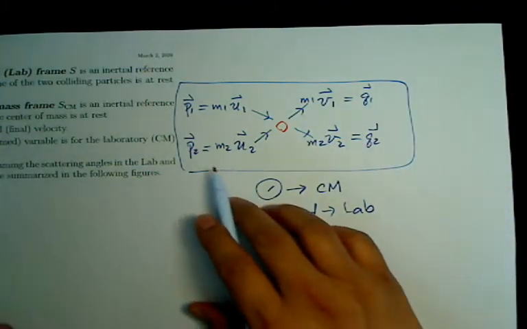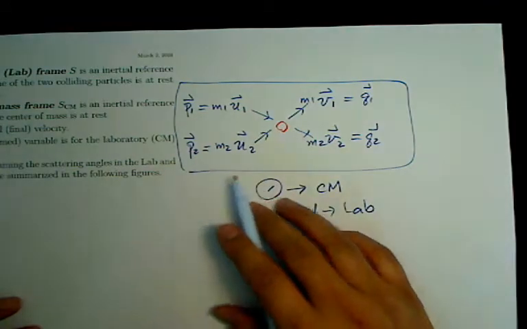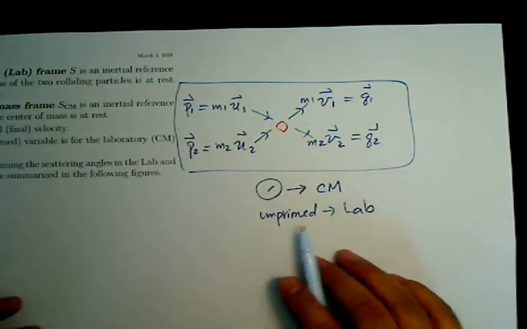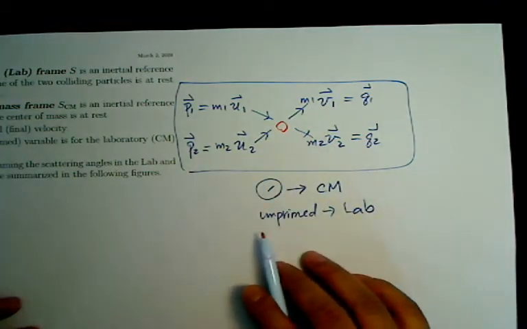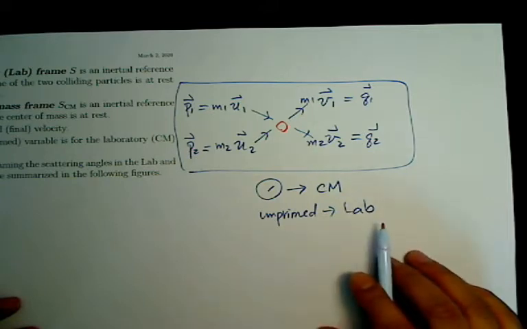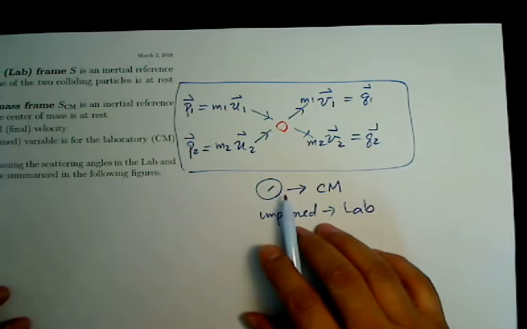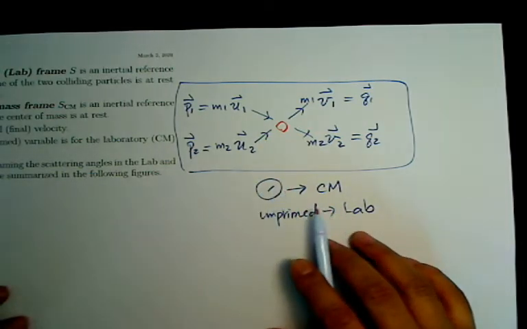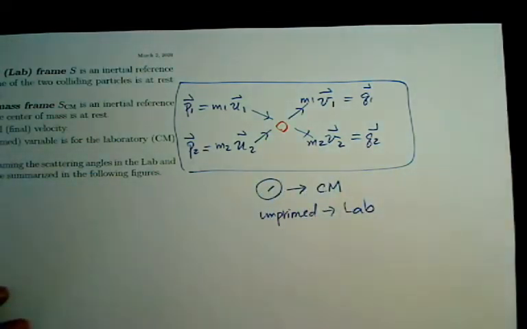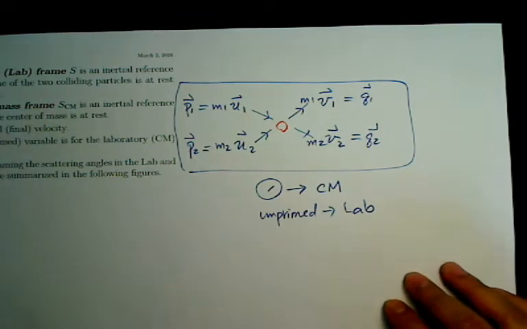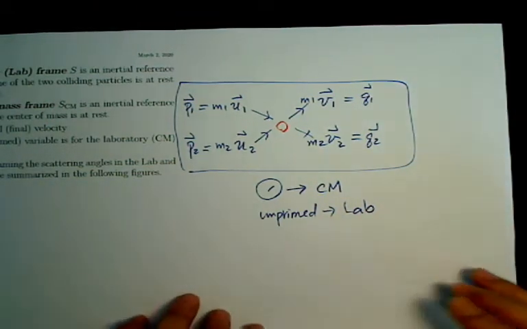If we do not use the prime, the unprimed variable means the coordinates measured at the lab frame, and if we put a prime, we indicate that the variable is expressed in the center of momentum frame.